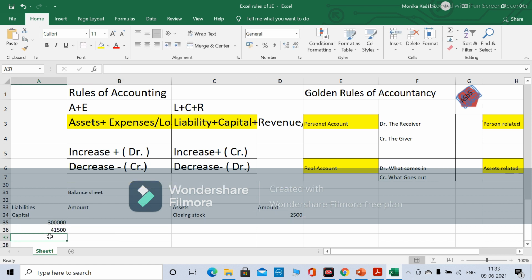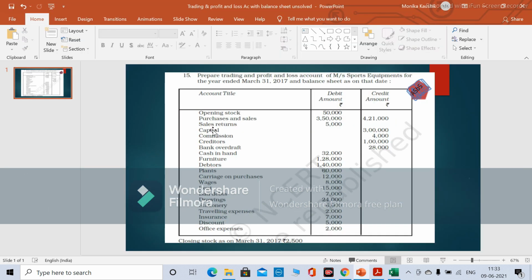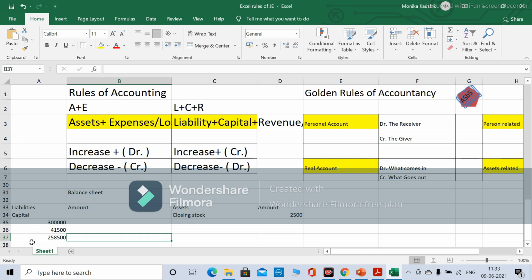So I'll have to deduct it, equal to this minus this. Now I'll have to check if any other thing also to make the adjustment. Commission, creditors, furniture, drawings, and income tax is not given, so drawings I'll have to deduct 24,000.